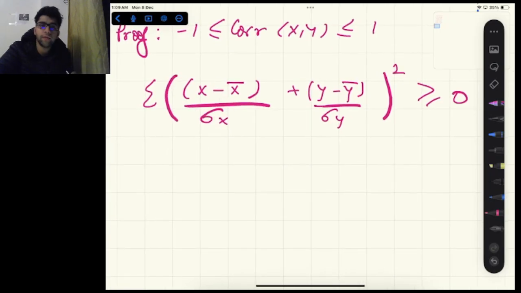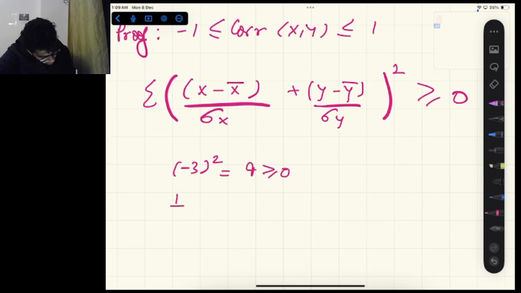Now you will be surprised and start thinking, what is this guy doing? If you square anything, that term will always be greater than or equal to 0. For example, if I have -3 and I find the whole square of this, I get 9, which is always greater than or equal to 0.